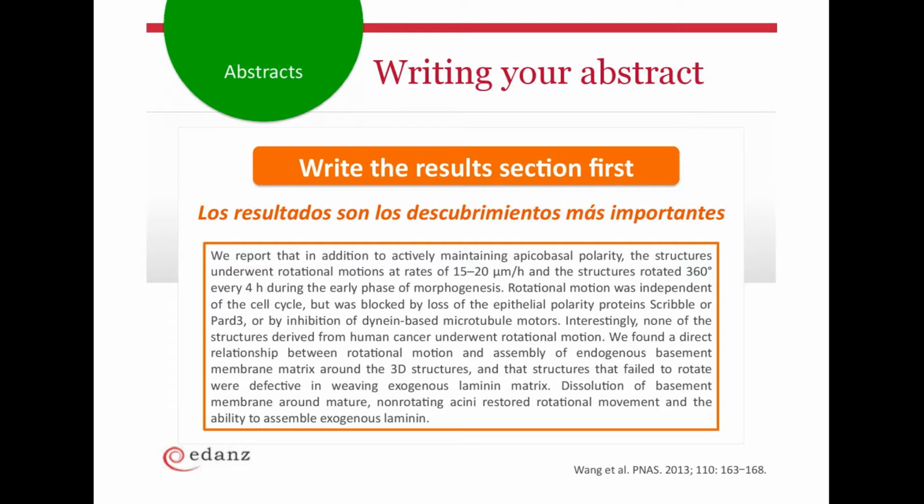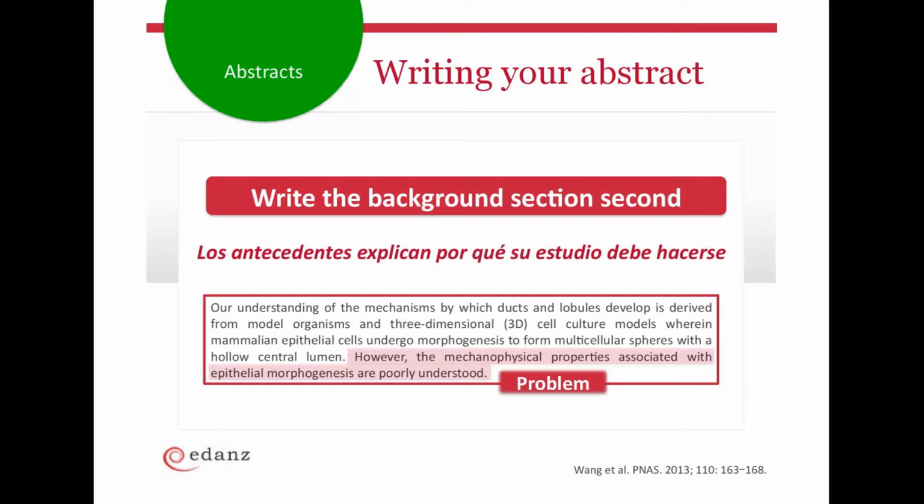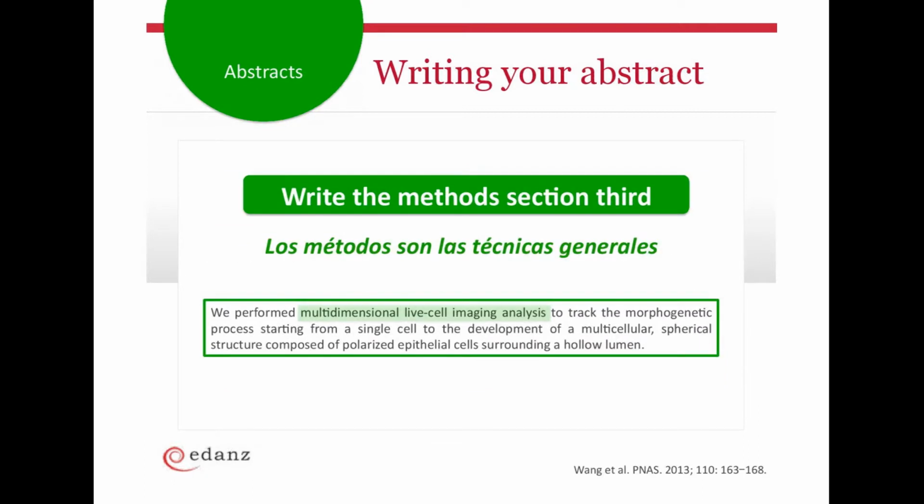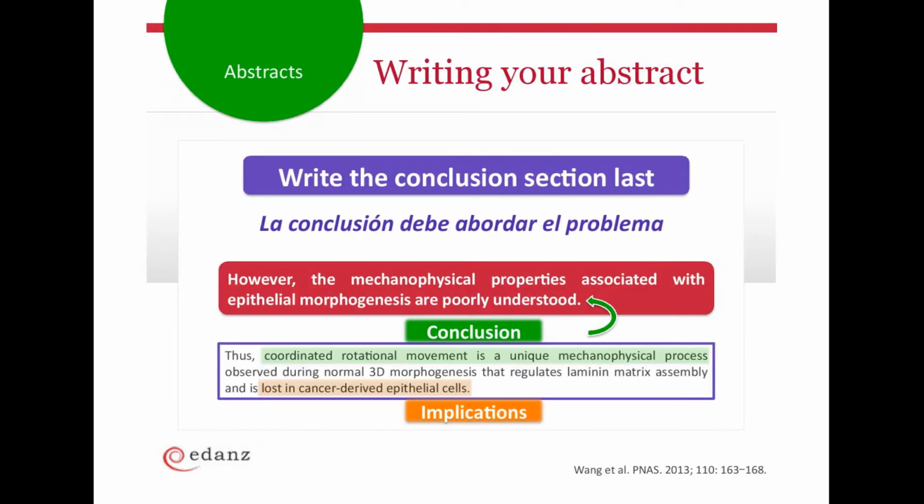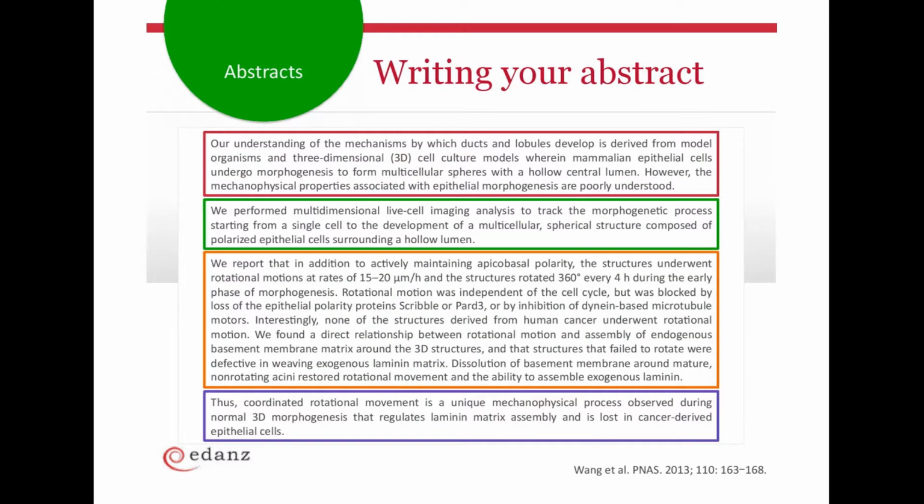Because abstracts have these separate sections, I recommend you write your abstract section by section. Then, when you put all of those sections together, you'll have a very well-structured abstract that communicates all the important aspects of your research.